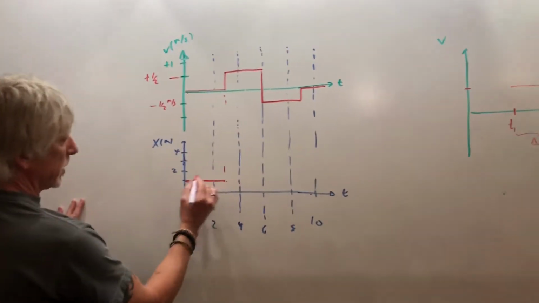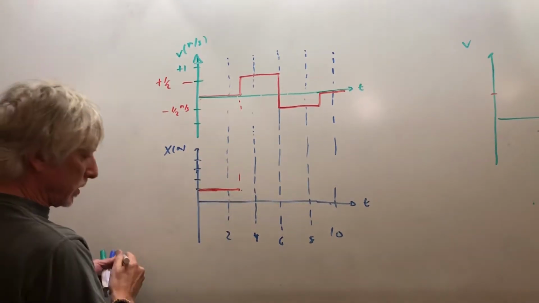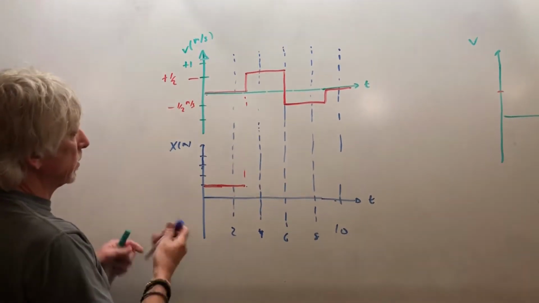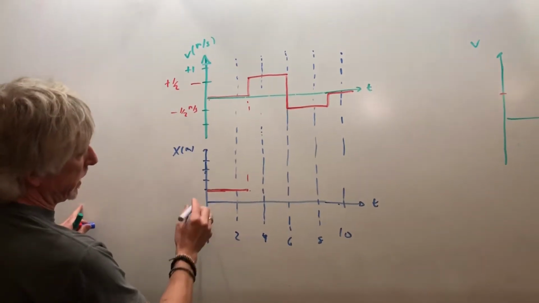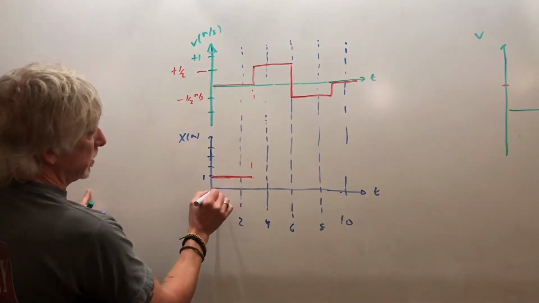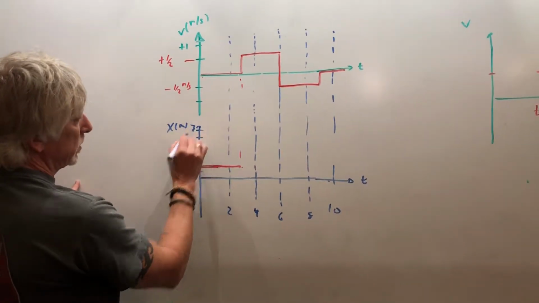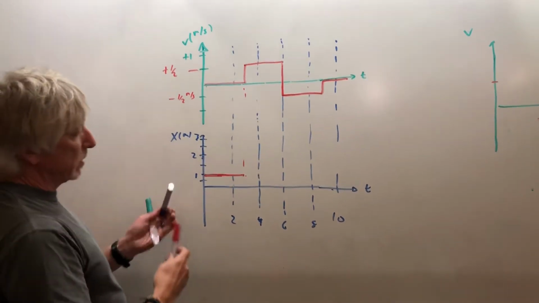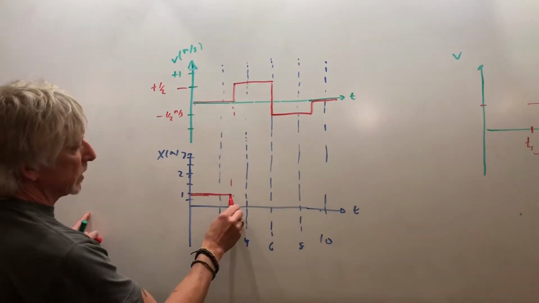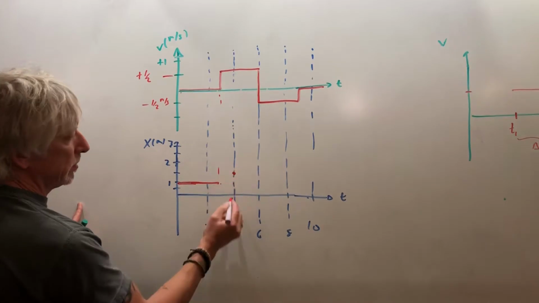Maybe I should have stretched this out. Let me stretch that out. I'm going to go here to 1, 2, 3. I think that'll work. So in 1 second, I go up 1/2 a meter.